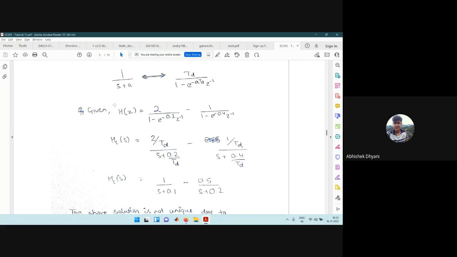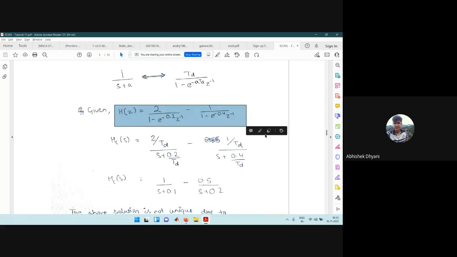right? And that is why a more general solution would be if I write it like this. So I have included this term j 2 pi k by Td, and similarly j 2 pi l by Td, where k and l are integers, and this will be the most general form which will give us this type of H of z.